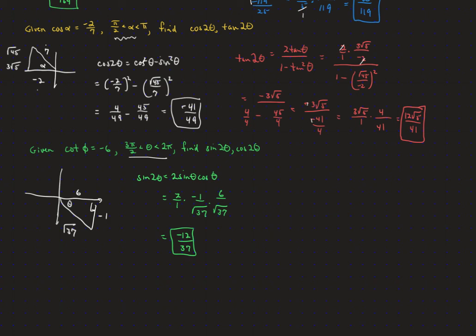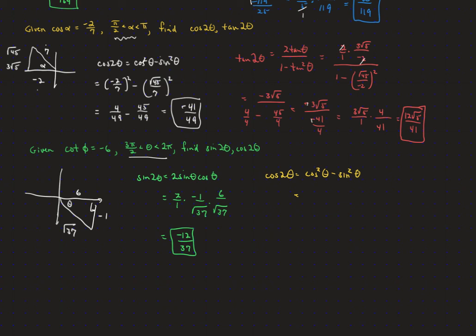And cosine, I'm going to change colors again. I think we haven't done yellow in a while. So cosine 2 theta is cosine squared theta minus sine squared theta. So cosine, we're going to square it so then we don't have to rationalize our sine and cosine.